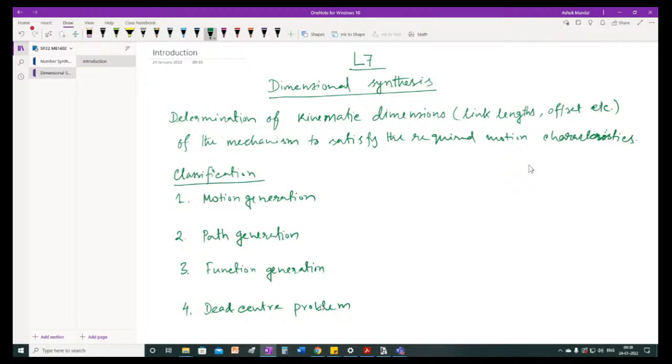What is a motion generation problem? A rigid body can be guided in a prescribed manner. This is a problem where a rigid body can be guided in a prescribed manner.